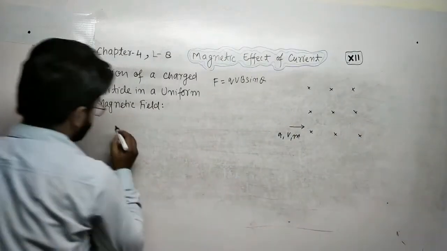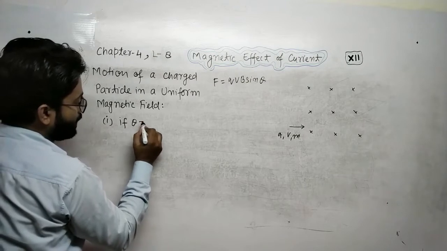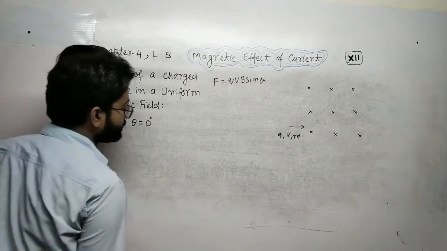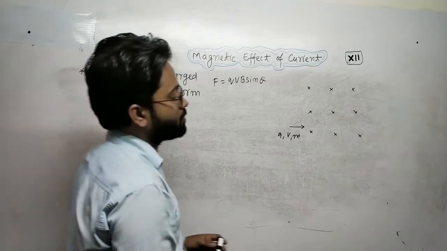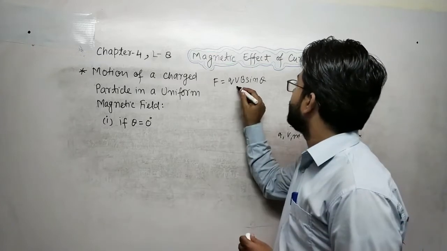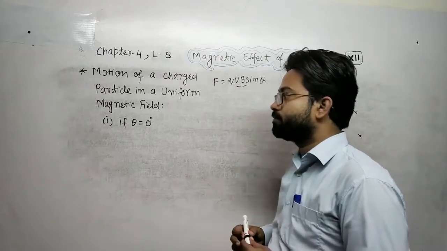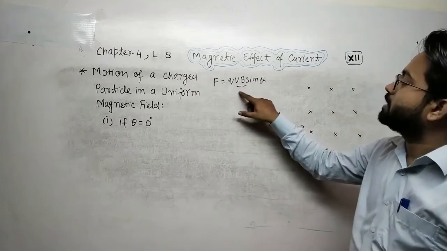There will be some cases. First case, if theta is equal to 0 degree. Theta equal to 0 degree means the angle between v and B is 0. The angle between velocity and magnetic field is 0.